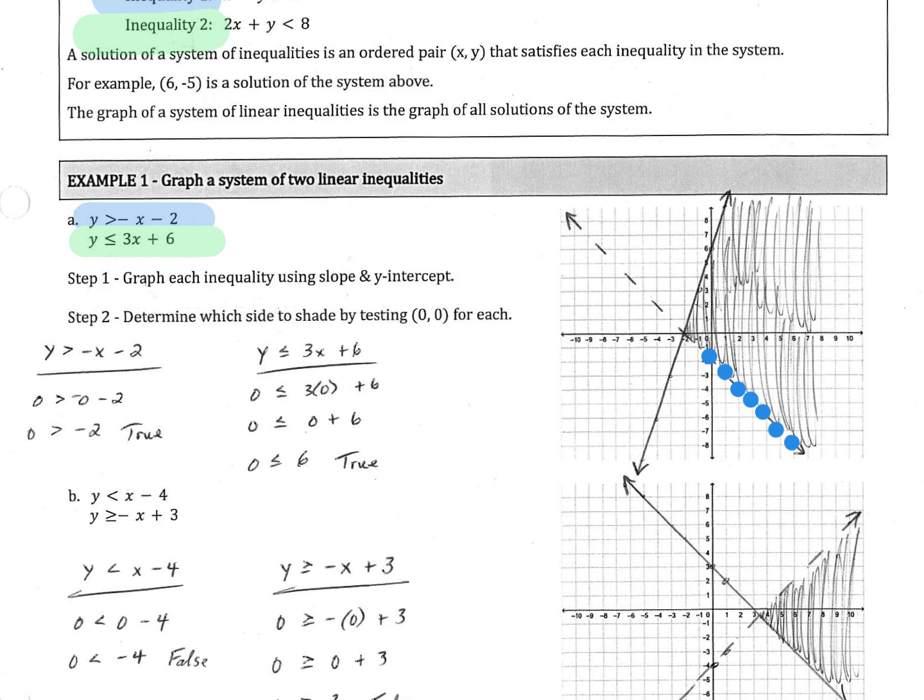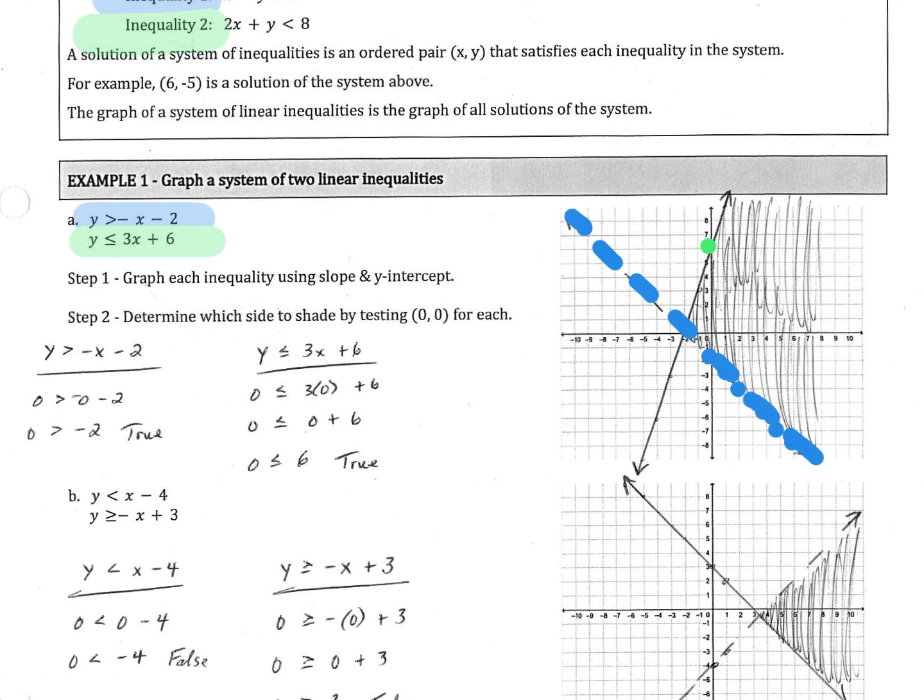Because it's a greater than sign, we're going to do a dashed line. So you can see that this is not totally a solid line. Because it's greater than, we're going to shade up. We're going to get to that in just a second. Let's look at our green line. That one has a y-intercept of positive 6, so put that green dot there.